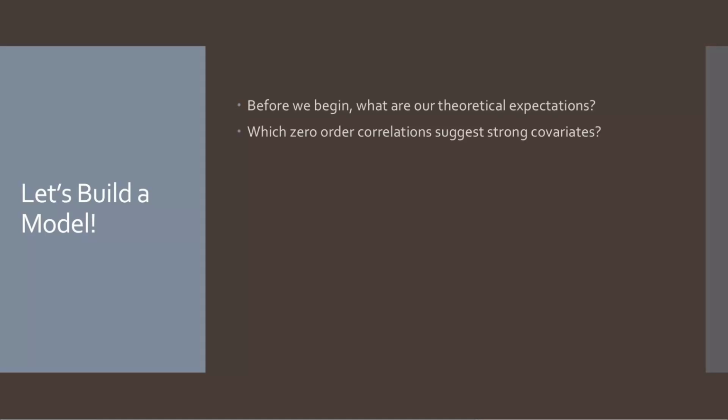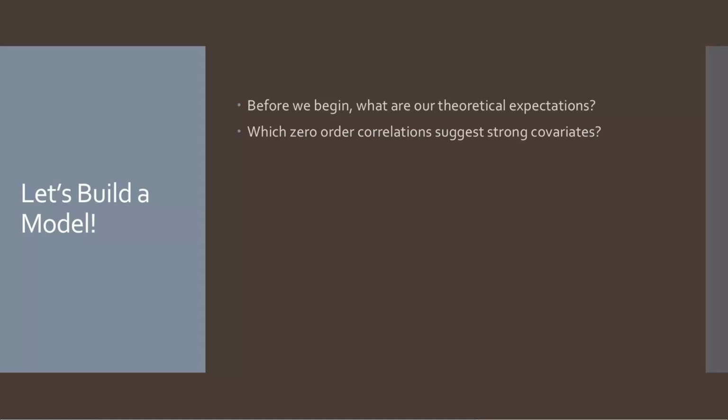So let's build a model. Before we begin, we should think about what our theoretical expectations are. Which zero-order correlations suggest strong covariates, but more importantly, which ones suggest that we have two variables that are highly correlated, so that one explanatory variable could basically serve as having both in without the problems of multicollinearity?